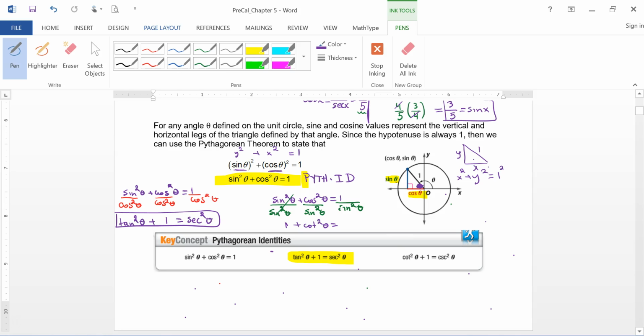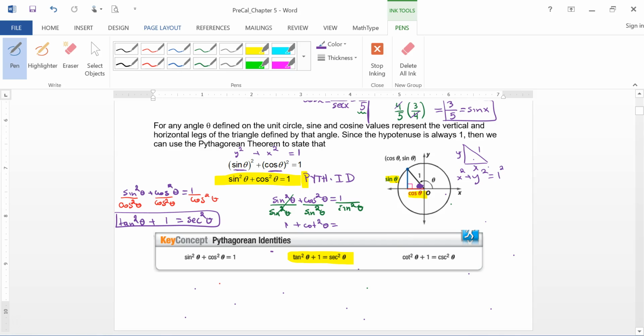On the bottom I have 1 over sine squared x. So it can't be 1 over cosine. No. No, look. This is equal to 1 fraction divided by another is 1 times the reciprocal. 1 over cosine squared x times sine squared x over 1.